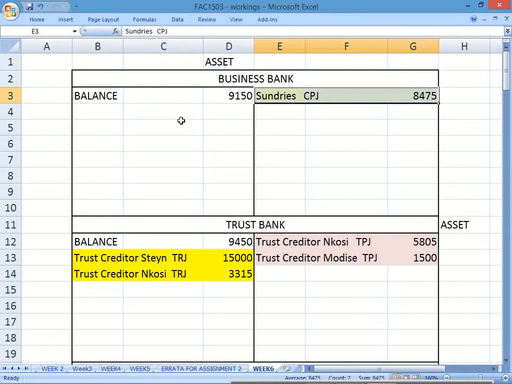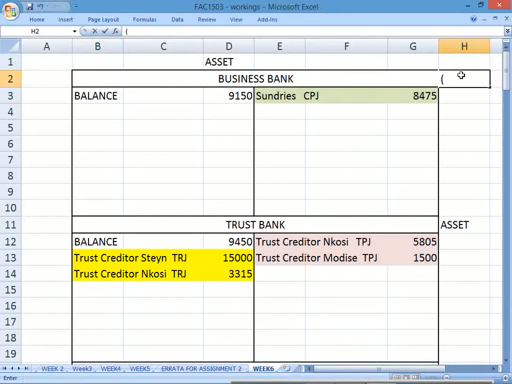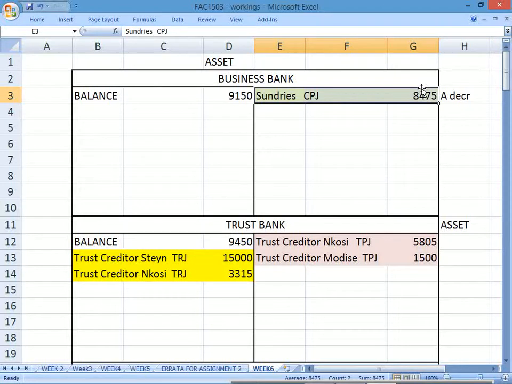So if you look at that, there's the sundry. Okay, in bank, I recorded sundry. In sundries, I'm going to record bank. Okay, because what happens to the bank? The bank is decreasing, asset decrease.